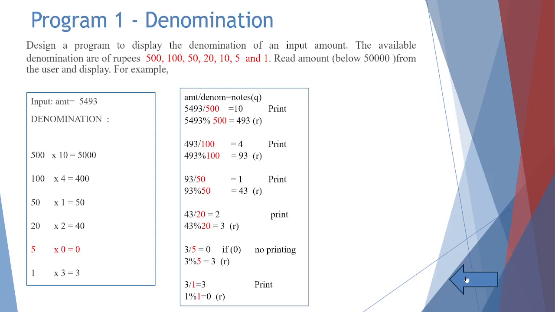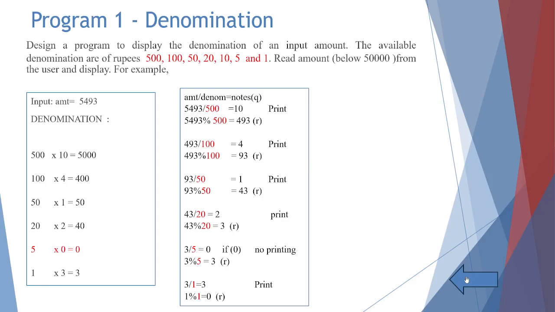Keeping this in mind, we know that repetition is required because every time it is division, modulo, division, modulo, division, modulo. So in this program, we need simple statements to read the amount. Then an iteration statement, we get the quotient and print 500 rupee note multiplied by 10 is 5,000.